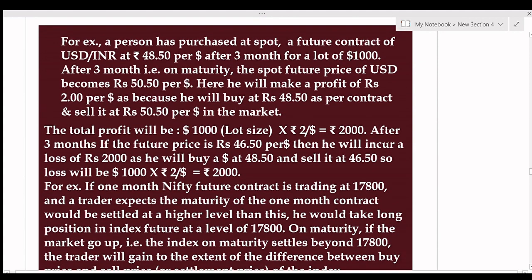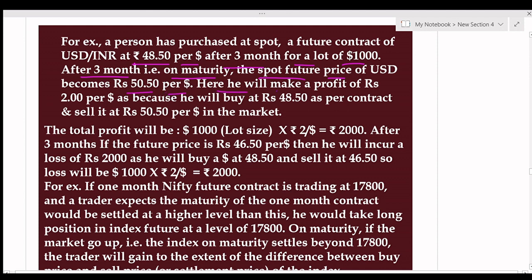For example, a person has purchased a futures contract of USD-INR at rupees 48.50 per dollar after 3 months for a lot of $1,000. After 3 months, that is on maturity, the spot future price of USD becomes rupees 50.50 per dollar.